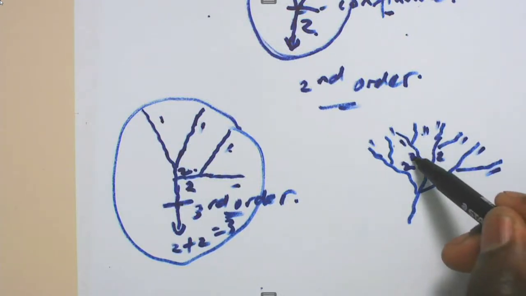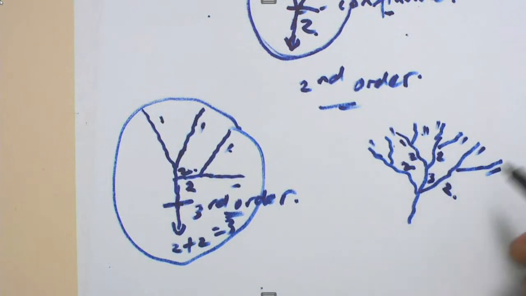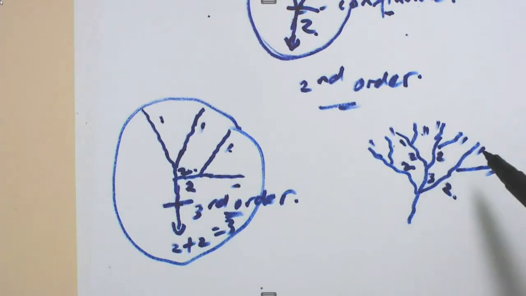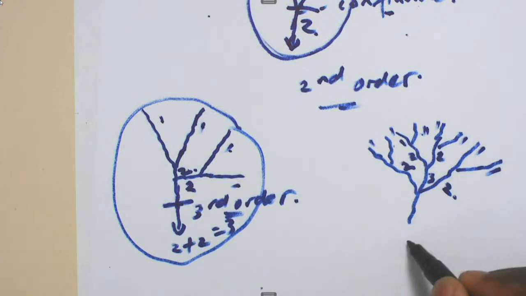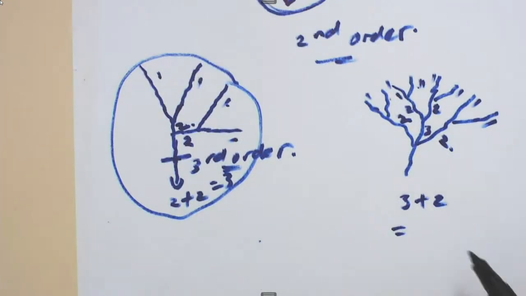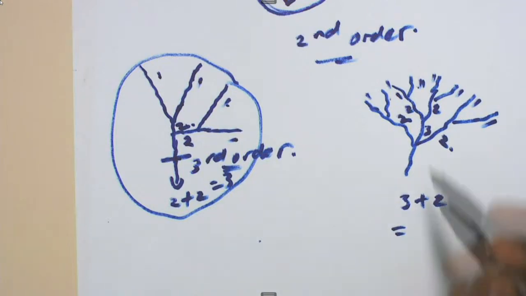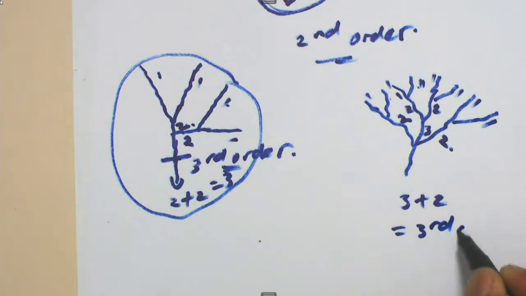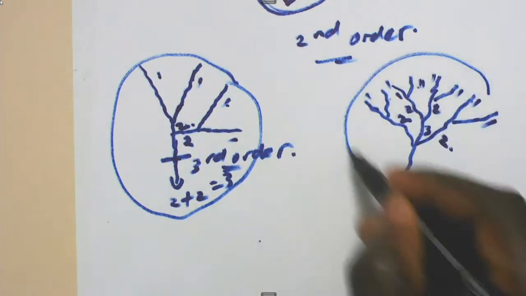Start here: 2 plus 2 will be 3, third order. And then look over here. Immediately when we have 3 plus 2, the order remains the same. So the order remains the same. That means there will be third order over here.